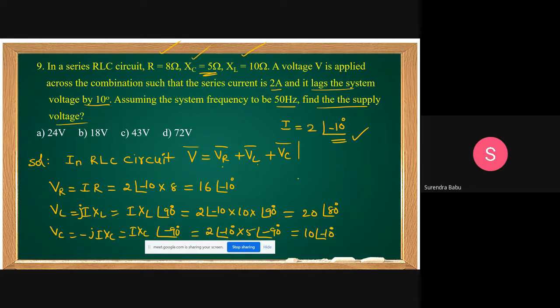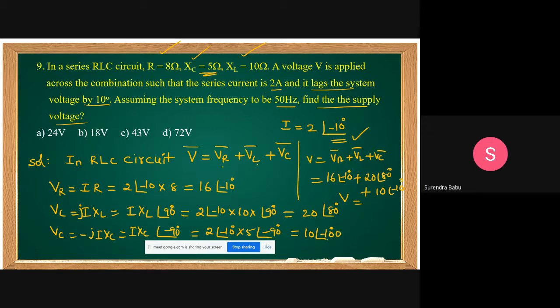Then what do you want? The resultant voltage V equals VR plus VL plus VC. VR is 16 at angle of minus 10, VL is 20 at angle of 80, and VC is 10 at angle of minus 100.